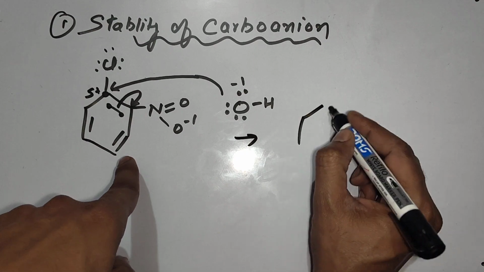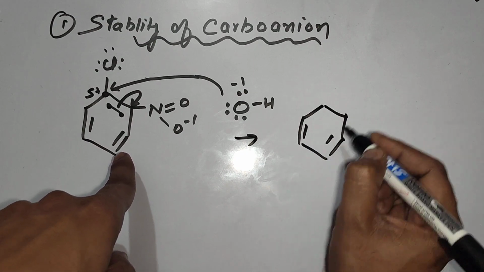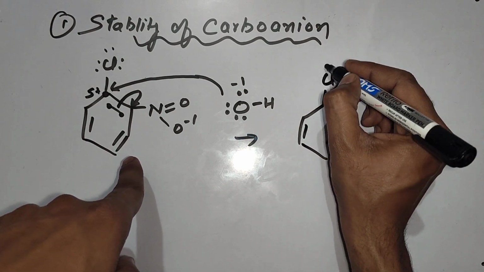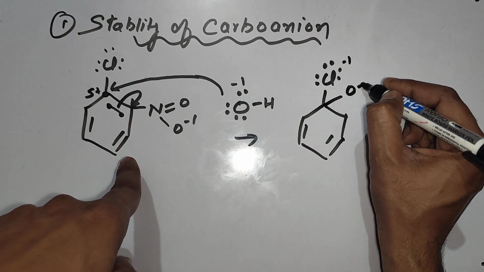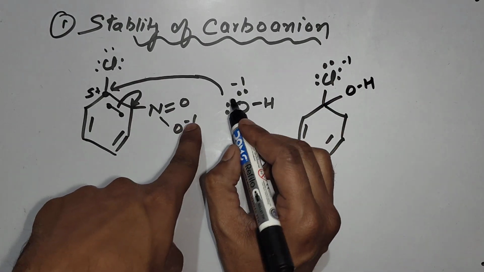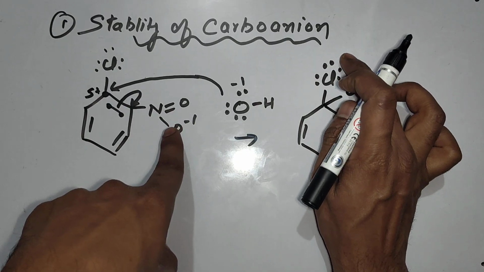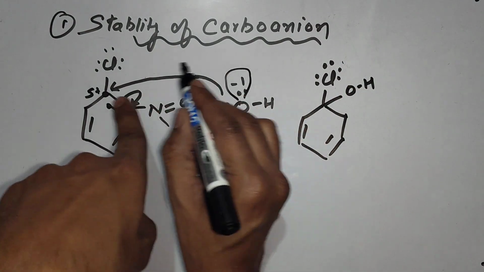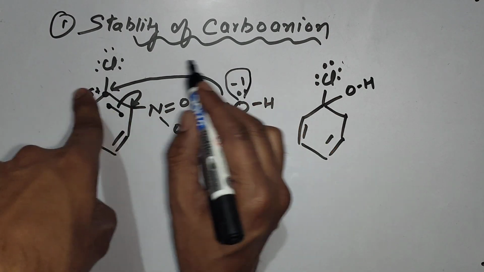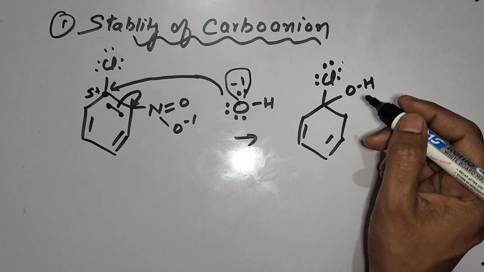So the next condition will be this one. Check carefully. Cl will be there as it is. OH will be there. The negative charge will finish, because it is using one extra electron for the bond formation with carbon. It will donate that electron to carbon.